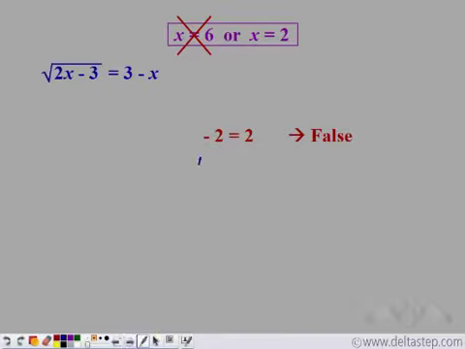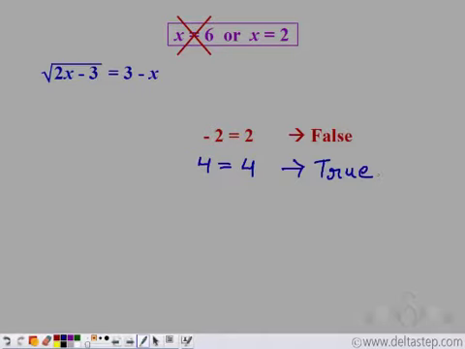Squaring both the sides, we have 4 is equal to 4. Negative 2 square is 4. 2 square is also 4. This is a true statement. So the essence is that when we square, even some false statements become true.